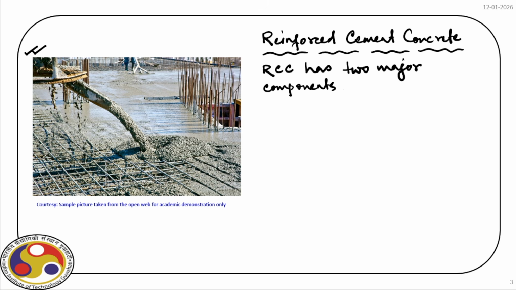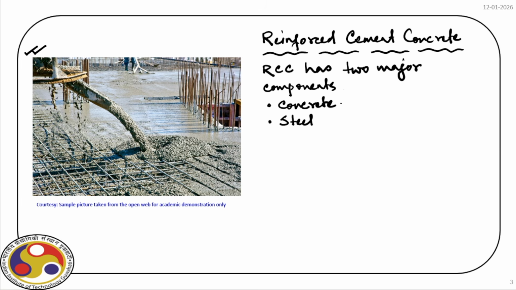And with time, this cement concrete, which initially has a liquid form as you can see, then it sets and together they form a hard mass, right? So what are the two components? The first one is obviously cement concrete, or we call it concrete. And the second one is steel.